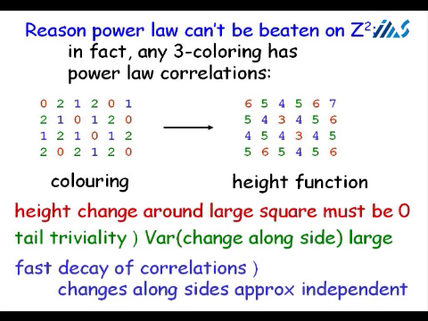This is essentially related to the fact that for 3 colorings there's a height function. The 3 colorings are shown here. We're going to identify the colors with the numbers 0, 1, and 2. And these numbers can be lifted to heights so that the height modulo 3 gives the original number.